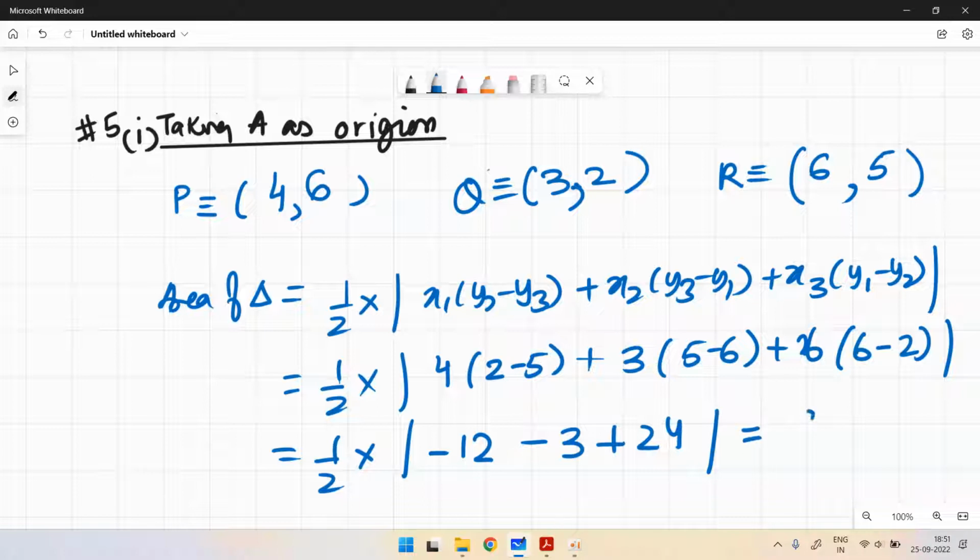This is mod 9 by 2, which equals 4.5 unit square. This area will be in unit square.